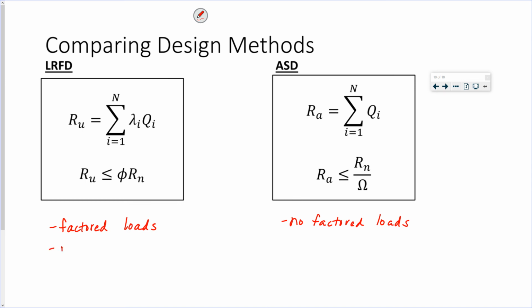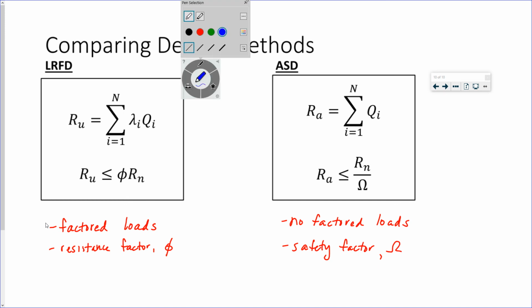For LRFD, I use a resistance factor, phi, versus a safety factor, omega. In general, you can often calculate your safety factor.